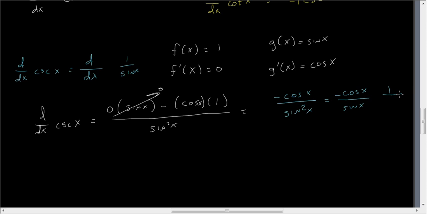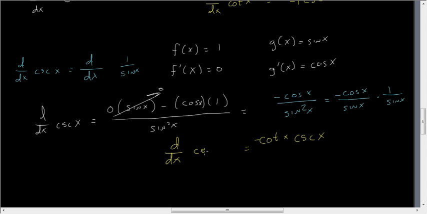Okay. Cosine over sine is cotangent, so this is negative cotangent x. 1 over sine is cosecant x. So the derivative with respect to x of cosecant x is negative cotangent cosecant.